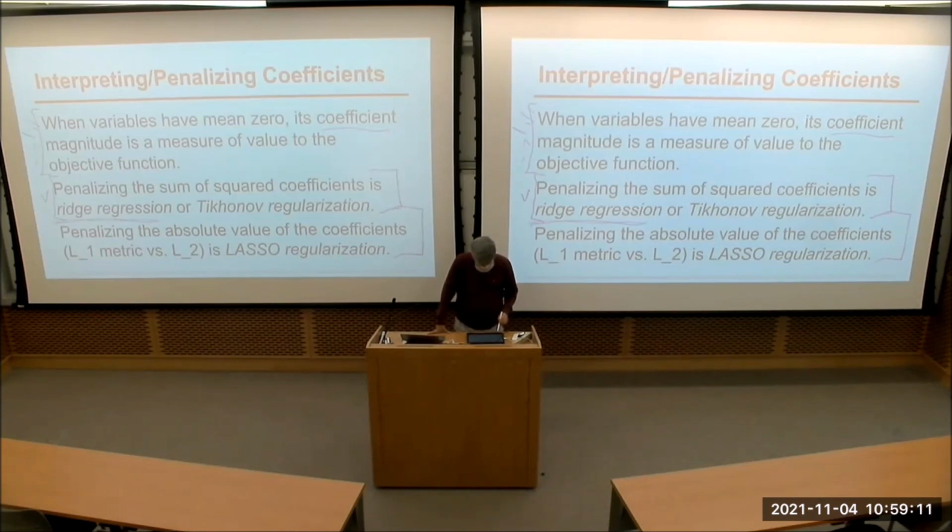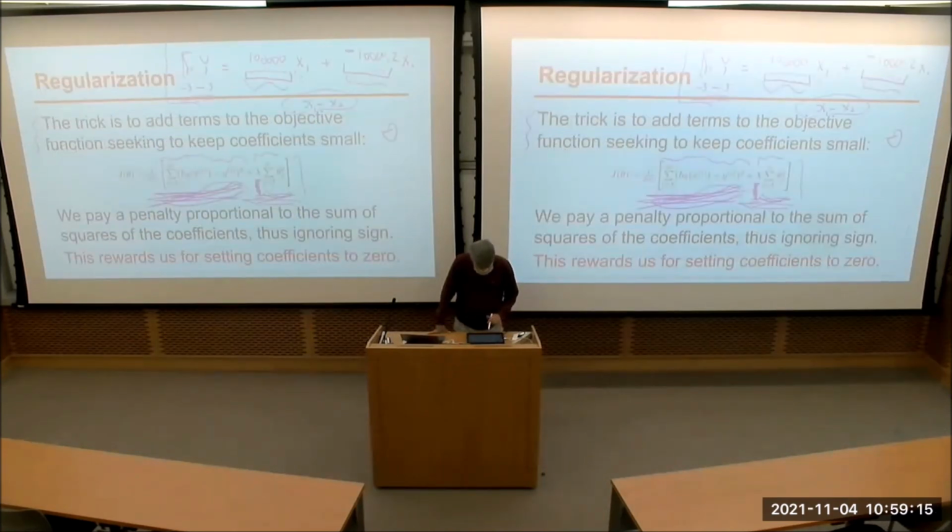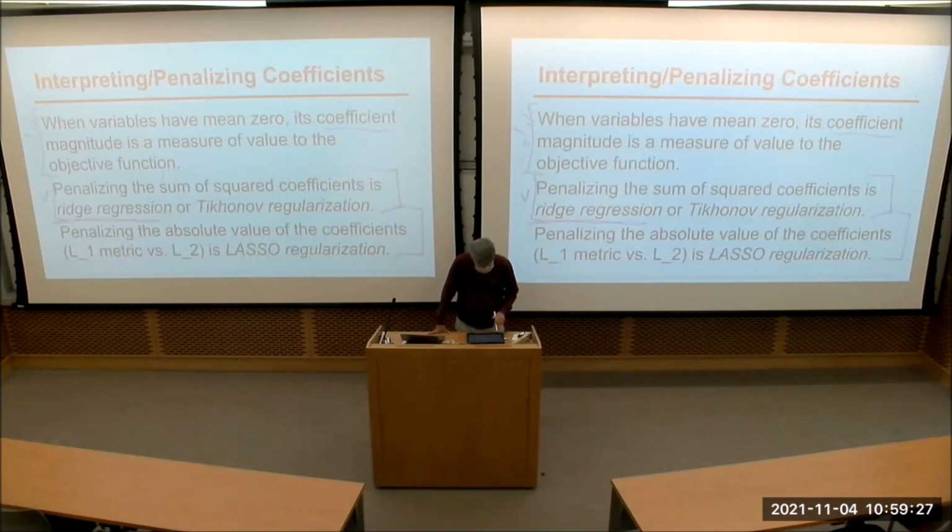Another idea is, instead of minimizing the sum of the squares of the coefficients, you could imagine minimizing the absolute value of a coefficient. If we do that, that's called lasso regularization. Lasso has some theoretical properties that cause it to not only make the value small, but if it can drive it to 0, it tends to drive it to 0.